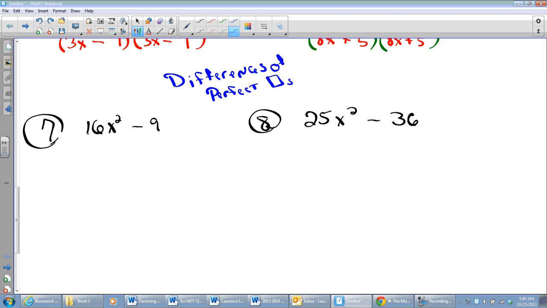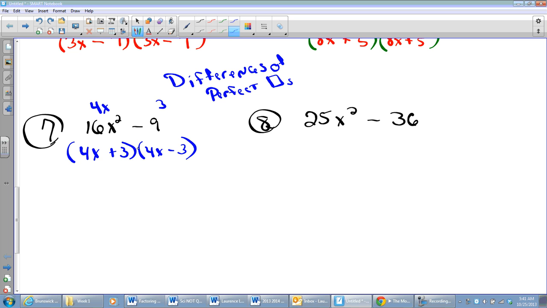Is this 16x squared a perfect square? Perfect square? Sure it is. Square root is 4x. 9 is a perfect square. 3. We've got a minus in the back. 4x plus 3. 4x minus 3. I have to have one of each sign, right? There you go.